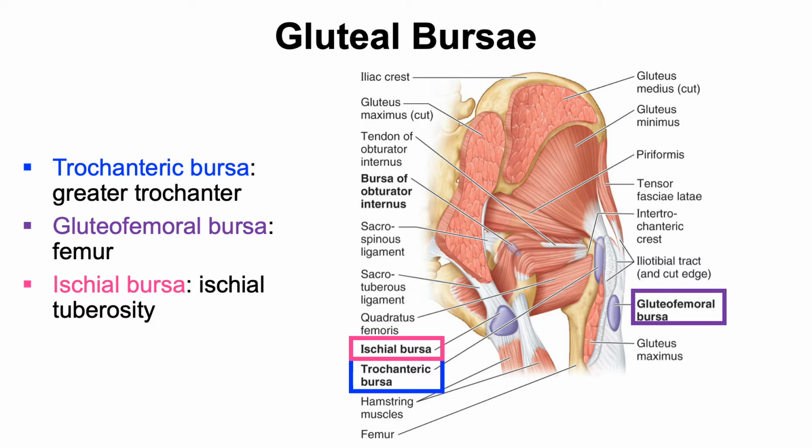Because our gluteal region is very bony, there are a lot of these protuberances that we talked about, a lot of these bumps. There's also a lot of muscles that create a lot of friction. And one thing that tries to help reduce this friction and reduce some of the pressure points directly on those bones are these things called bursae or bursa. Bursae is the plural, bursa is the singular version.